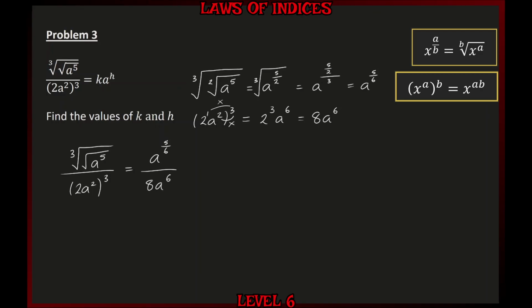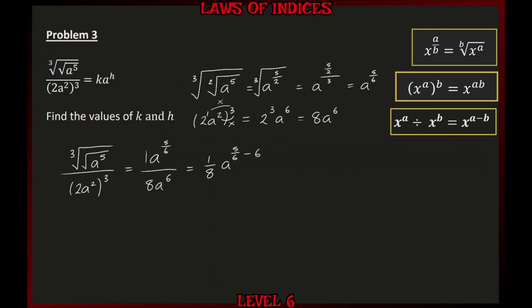Now this fraction means that we're dividing the numerator by the denominator, and since we're dividing indices we can use this law, which tells us that we need to subtract the powers. So starting with 1 divided by 8, this gives us 1/8, and a to the power of 5 over 6 divided by a to the power of 6 becomes a to the power of 5 over 6 minus 6, using our law.